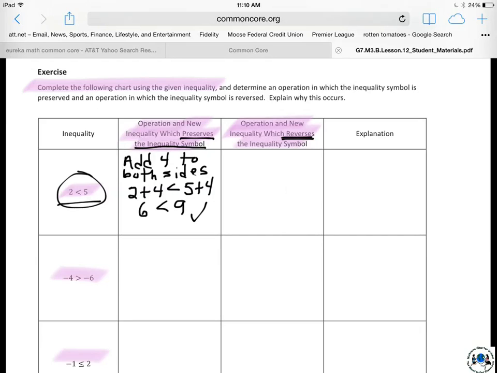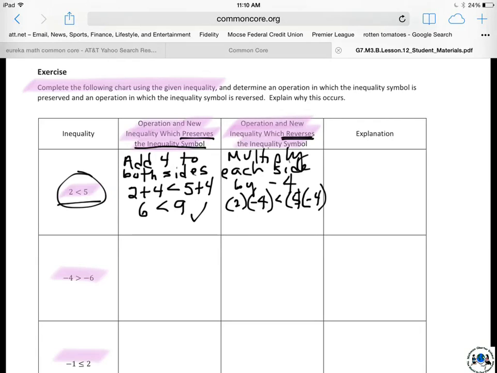If I multiply each side by negative 4, I end up with 2 times negative 4 is less than 5 times negative 4, and so that's negative 8 is less than negative 20, which of course is incorrect. So that's a big no there. I'd have to make that negative 8 is greater than negative 20. In this case it is reversed.